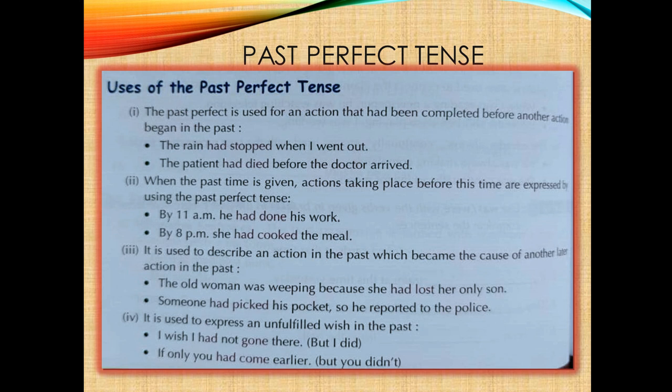Okay, so this is the past time given. Here the speaker is giving information after this time. So the reference is of the past time and action is taking place before this time. That is, at present I am speaking, but the action had already taken place before that. Right? So the reference of past time is given.